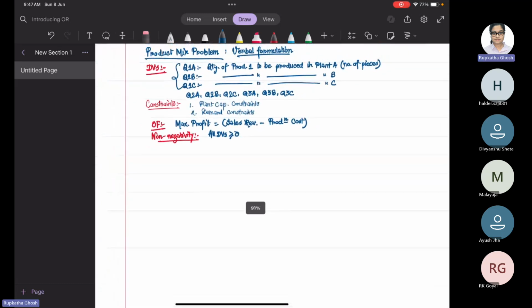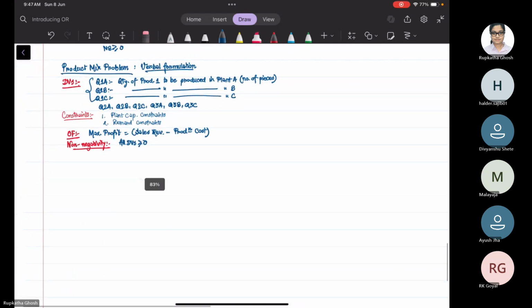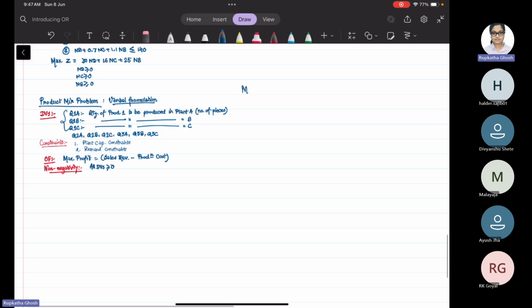Now, I'll do it here itself. If I have to formulate this mathematical model, then how do I do it? First, tell me in terms of constraints. First, consider only the demand constraints.